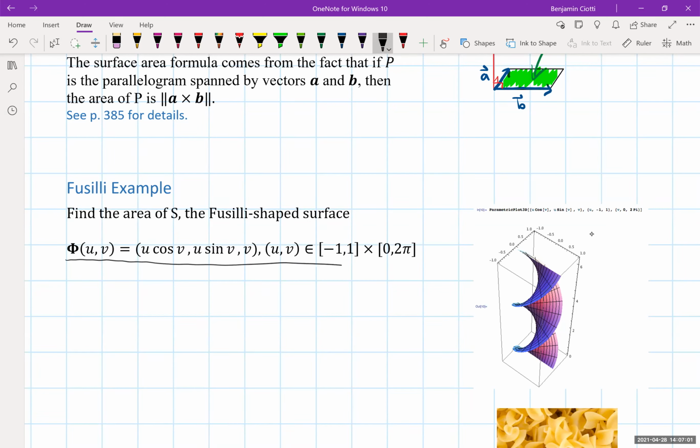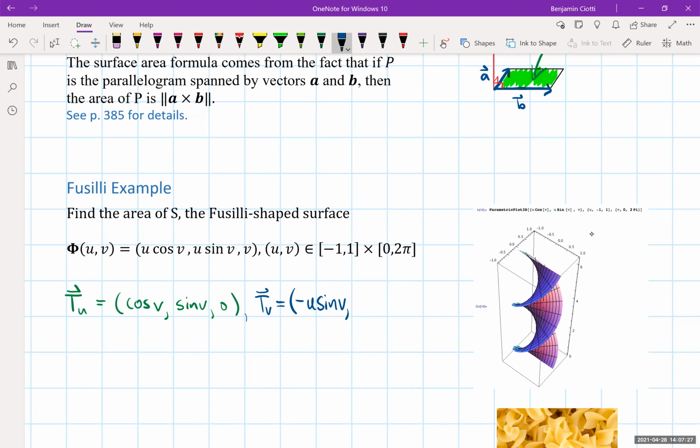If this is my parameterization, then my 2 tangents are T_u, which will be cos v, sine v, 0, and T_v, which will be negative u sine v, u cos v, 1.